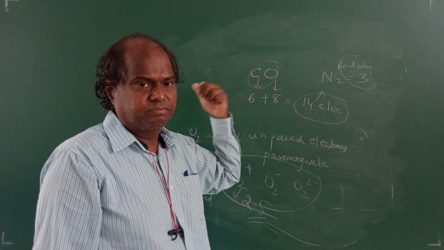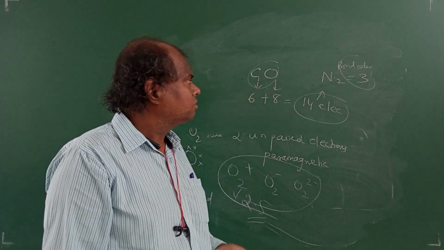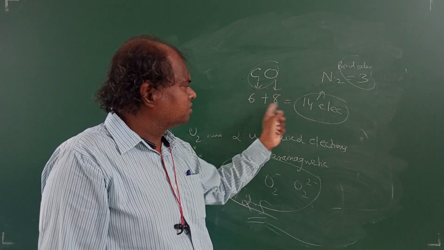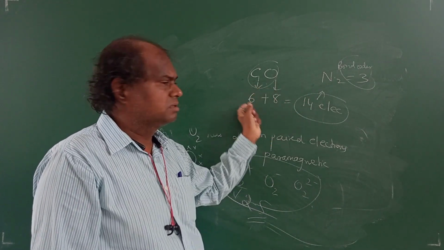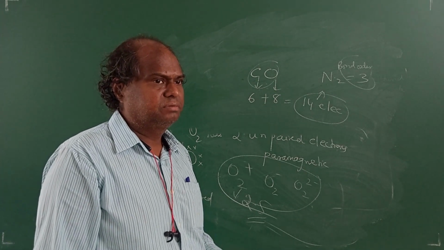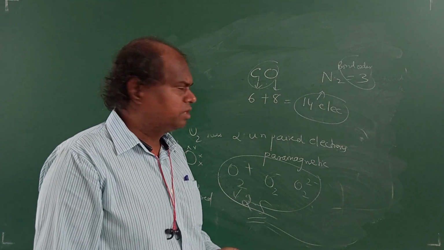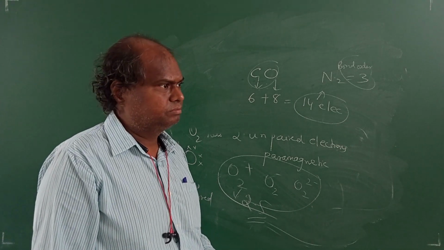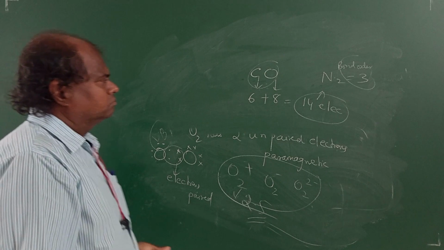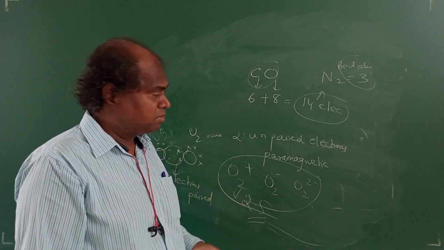What are they called? Isoelectronic. So whatever answer you get for N2, the same answer you will get because of the same number of electrons, right? Clear? 14, 14. So this also you remember, very important.